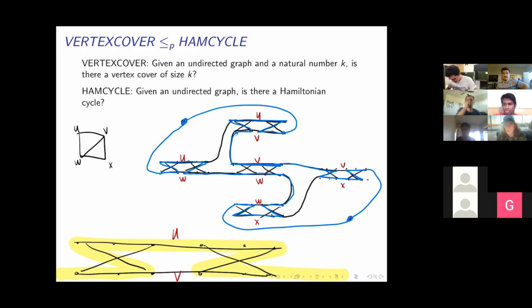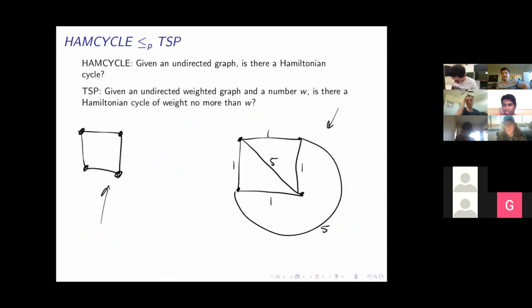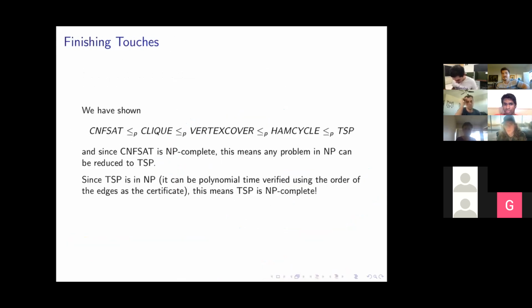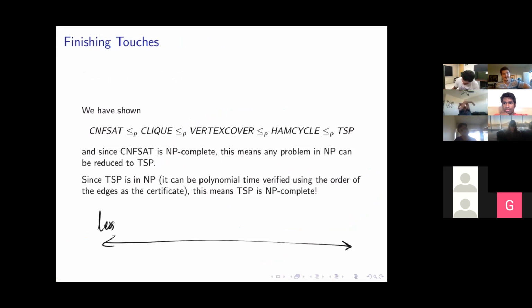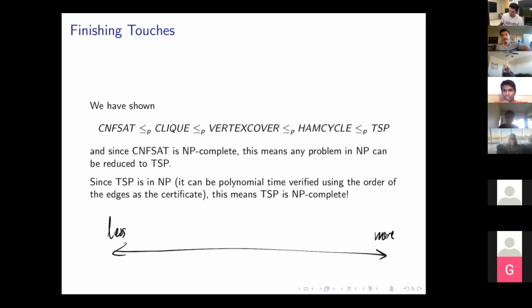Let me draw this down here. You can't really think about this in this way, but sometimes it's helpful to draw this graph of difficulty of the problem. Over here being less difficult, and this being more hard. NP problems are on this side.